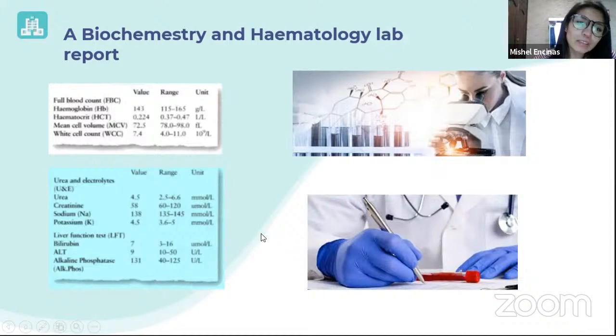And I think this is the most important part for you guys, because you work with results, right? The laboratory part is just for the biochemistry and hematologists, right? But here you will know if your results are in the range, or are low, or maybe are high. And then you will get into a diagnosis, right?